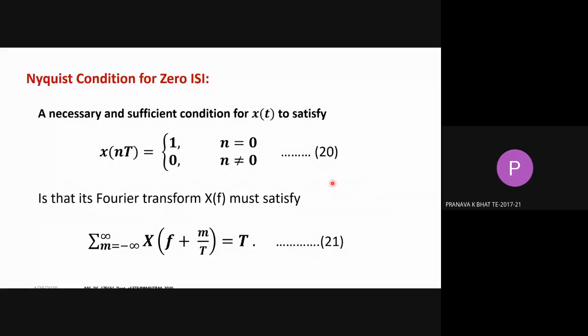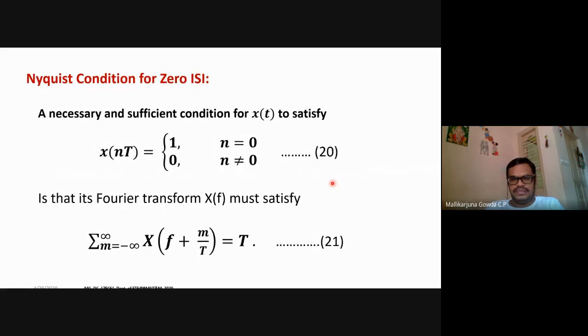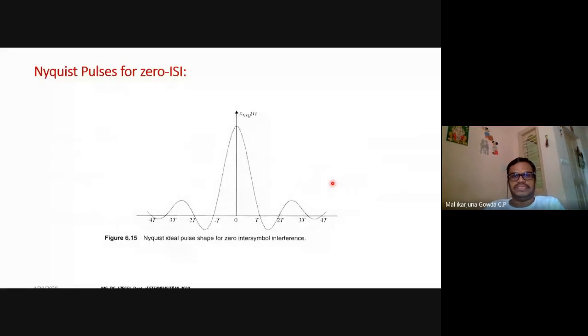So this is what I expected you to imagine, the pulse. See what is happening here: the x-axis is n. When n equals 0, it has a maximum amplitude, and I am assuming this is 1. But as n increases, meaning n is not equal to 0, at this point it is 0. It is vanishing.